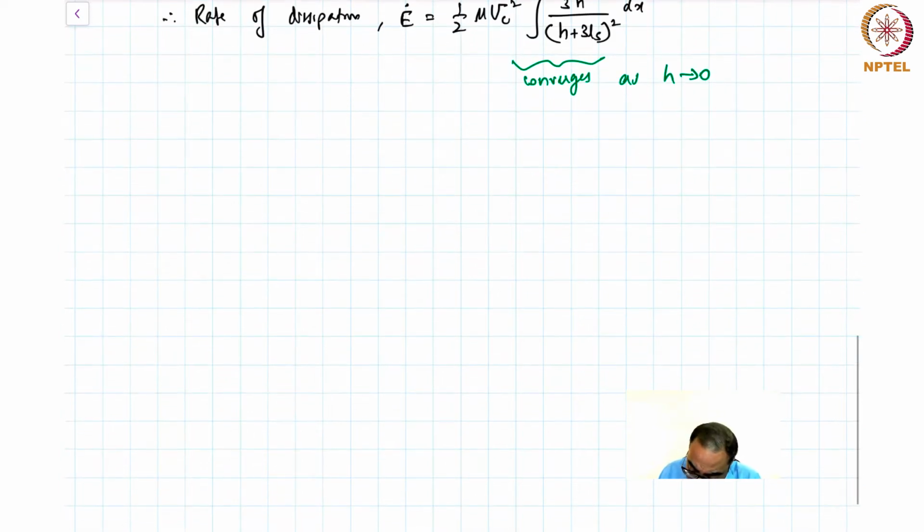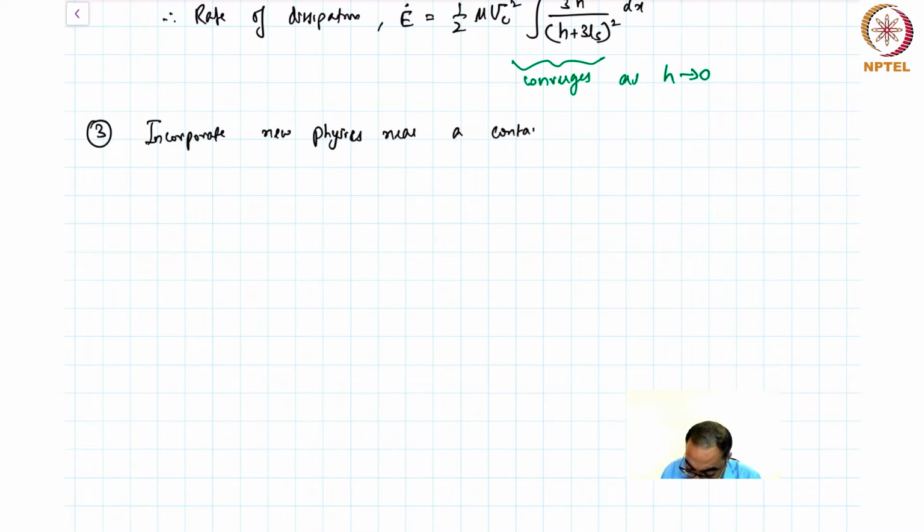Now the third kind of approach is to incorporate a new physics near a contact line. Now there are broadly two approaches.